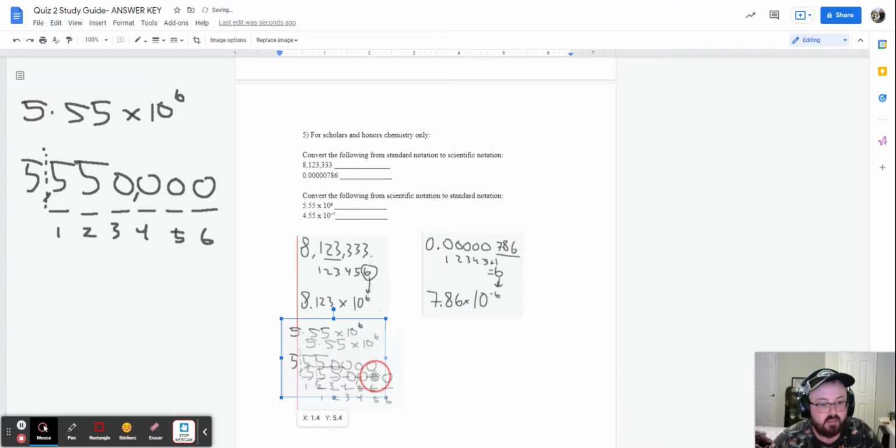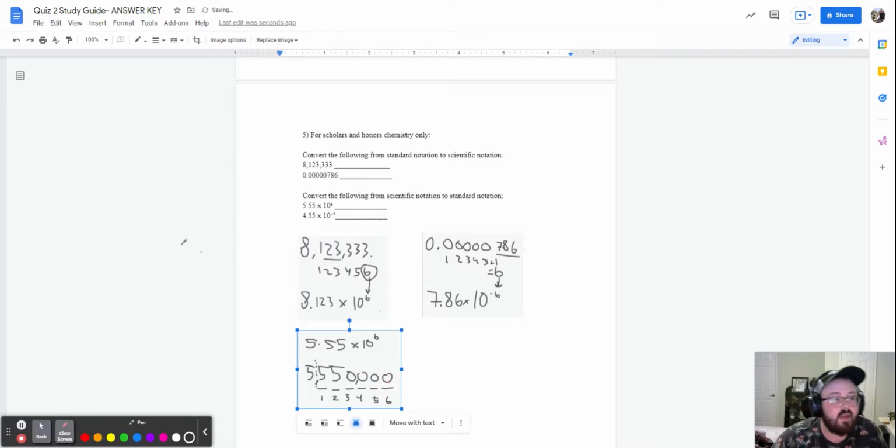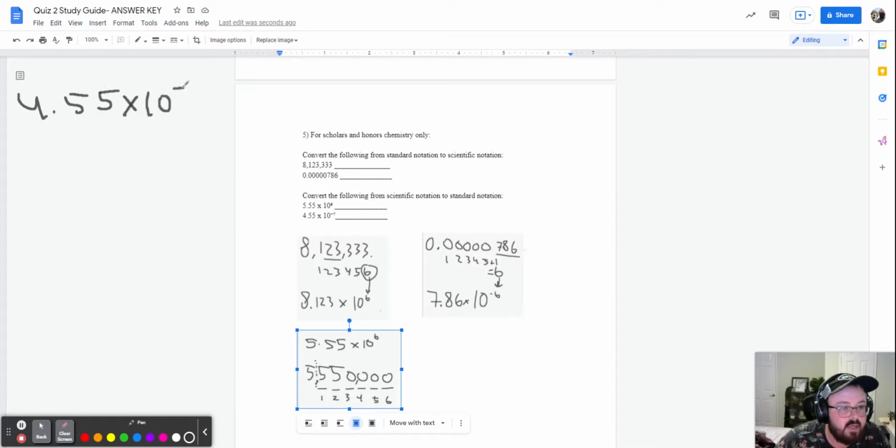And the last but not least, we have 4.55 times 10 to the negative 7th. All right, so here's what we do here. Take this negative 7. I'm going to circle it. Get rid of the negative, right? So we have negative 7. Get rid of this negative. Subtract 1. You get 6.